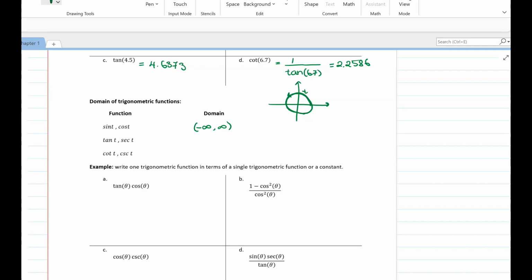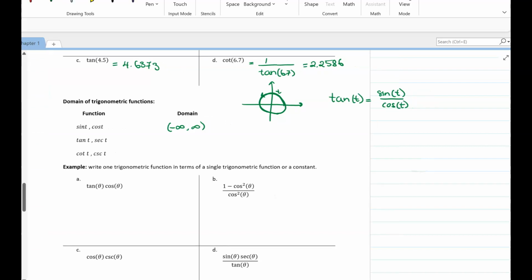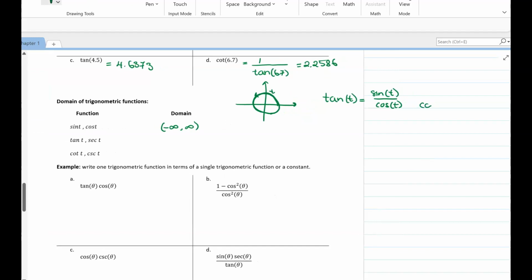For tangent of t and secant of t, recall that tangent of t is equal to sine of t divided by cosine of t. Well, this function is undefined when cosine of t equals 0. Looking at your unit circle, cosine of t equals 0 at pi over 2 and 3 pi over 2. So t cannot be equal to pi over 2 and 3 pi over 2.